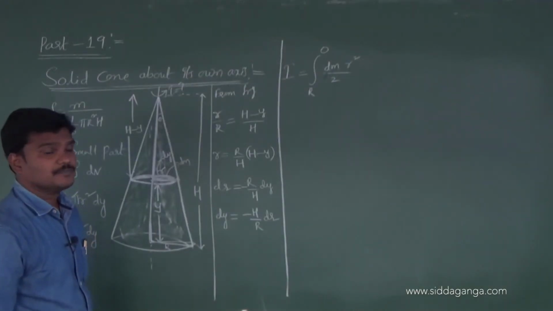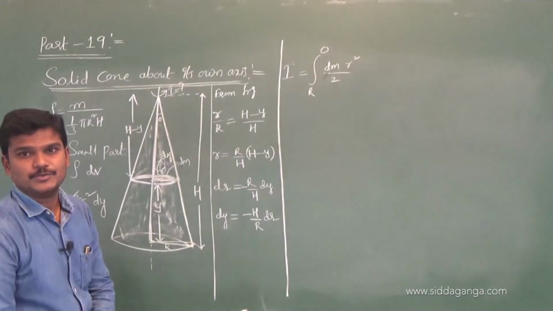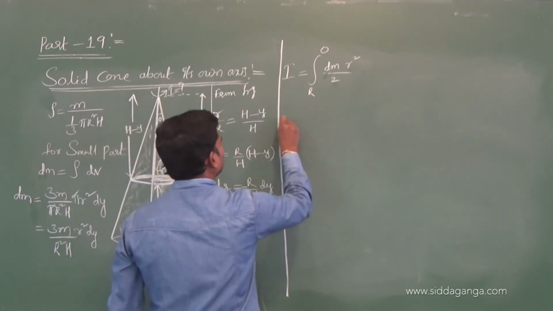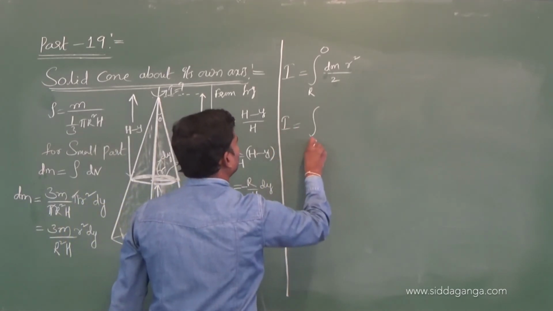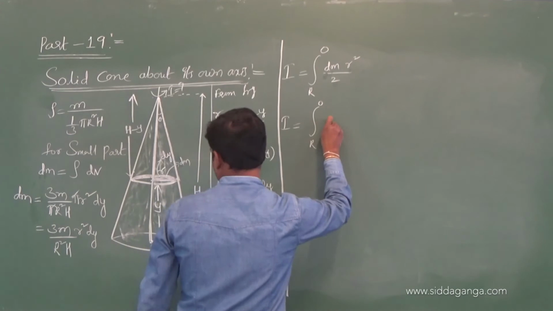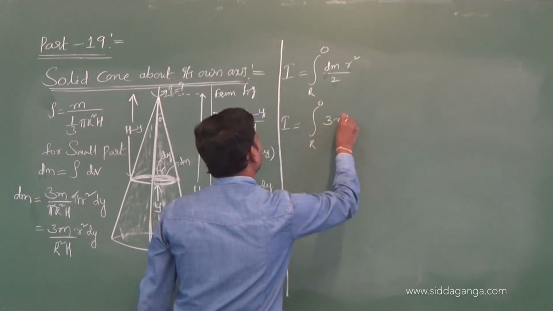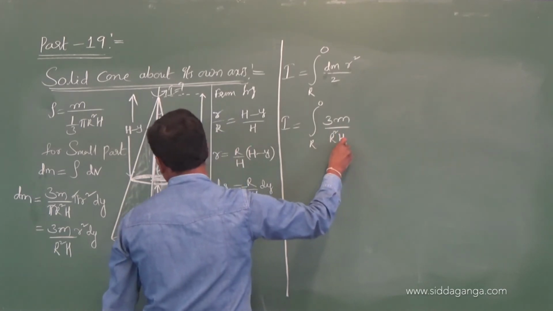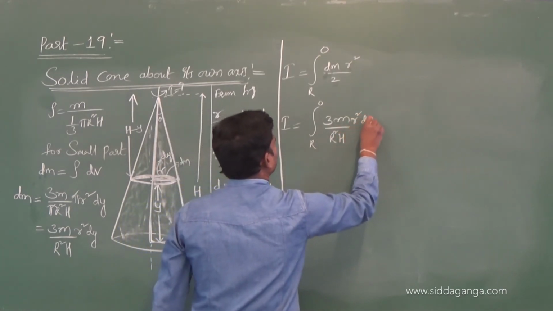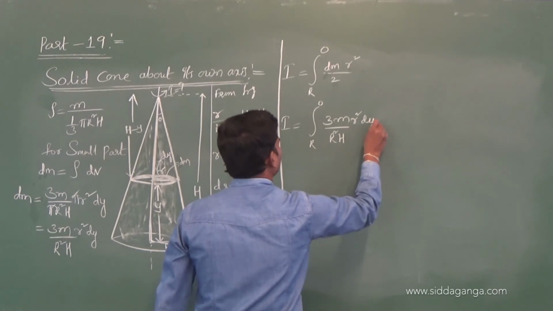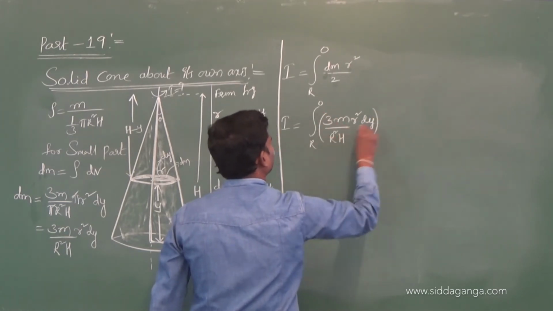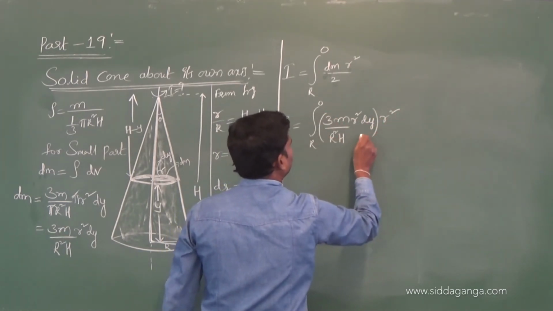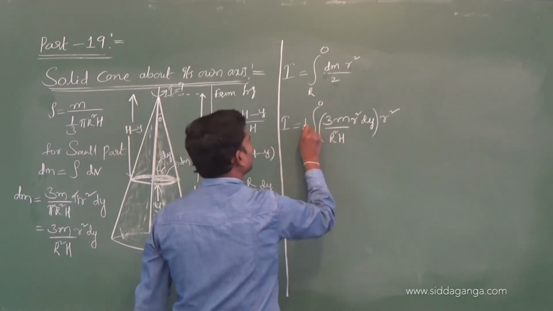Substitute the dm value. I is equal to the integral from r to 0 of dm. What is dm? 3m by r square h, into dy, into r square, and the whole divided by 2. That 2 I am writing outside.